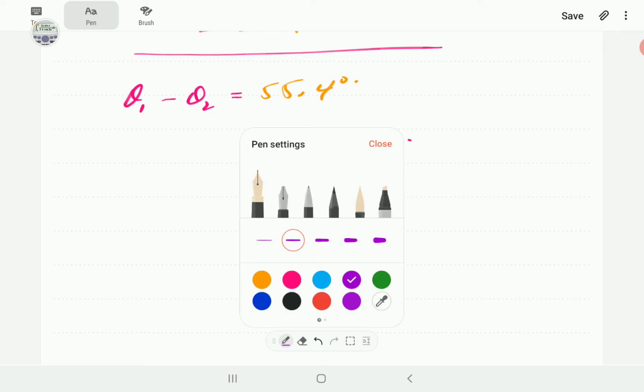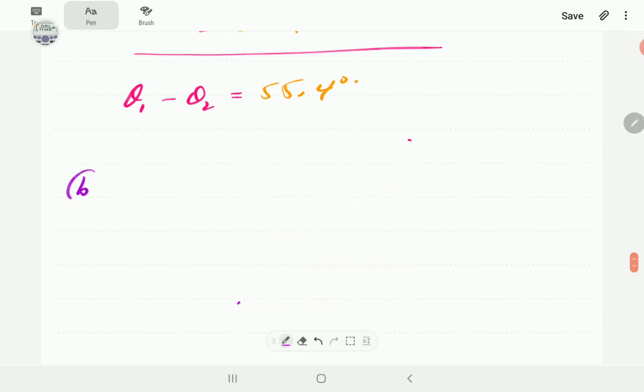All right, so let's go now to example number B. As you can see, these examples are a bit involving, so you need to take your time. In B, we have got 4x minus 6y equal to 7.